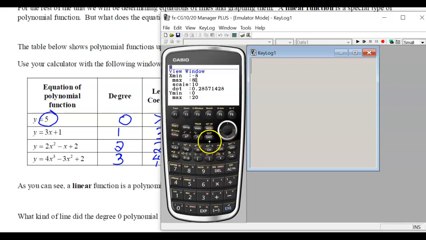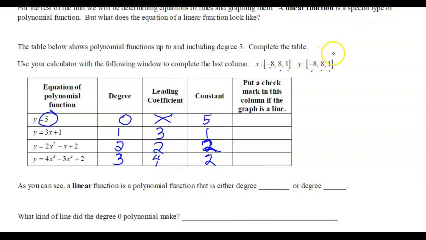It's all of them. It's the window settings. So this is what we're asking you to do, from -8 to 8, up by 1s, in both directions.